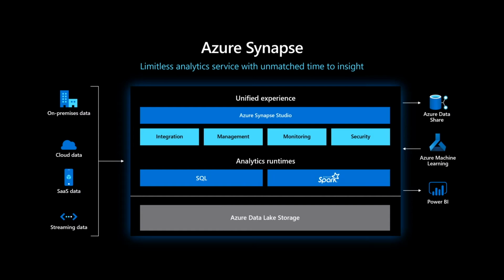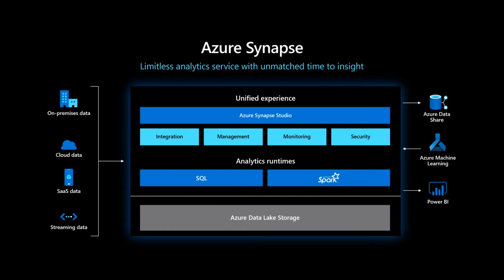That functionality has been integrated within Synapse. So the integration tools, the orchestration capability to bring data from on-premises, from cloud, SaaS, or streaming, we have close to 100 connectors from which you can bring the data to Synapse within the SQL pool.